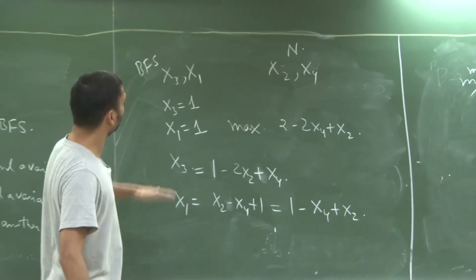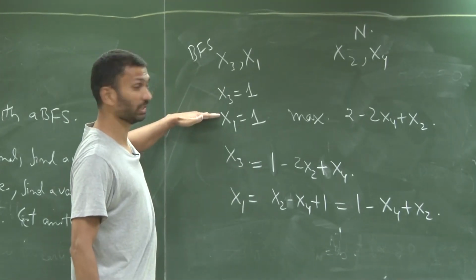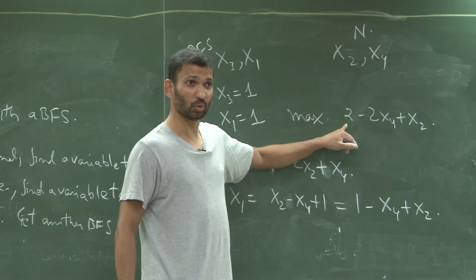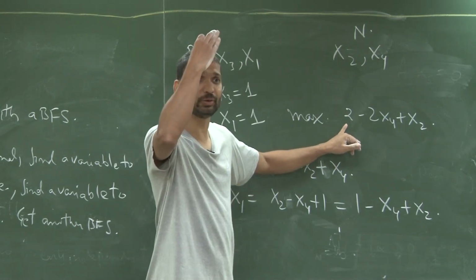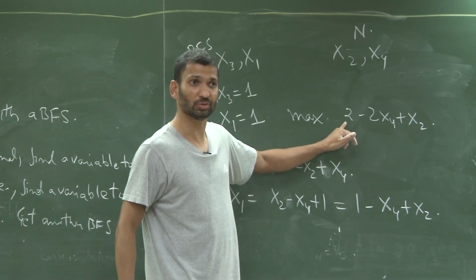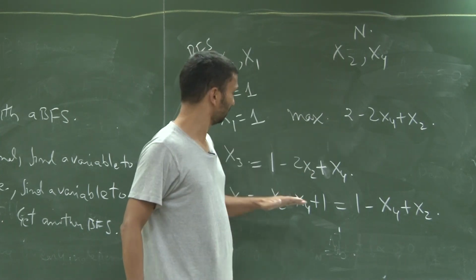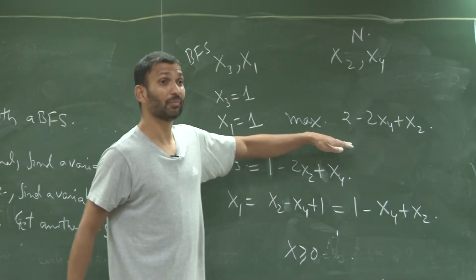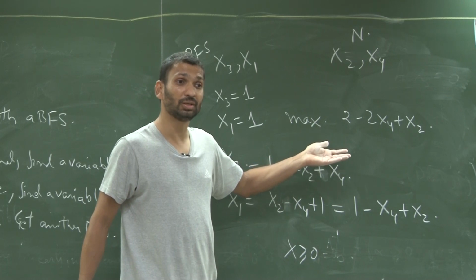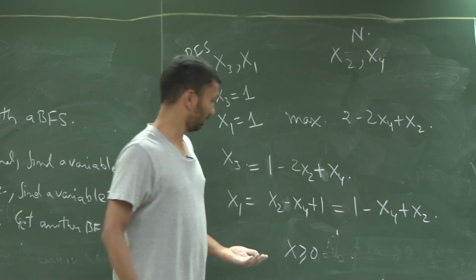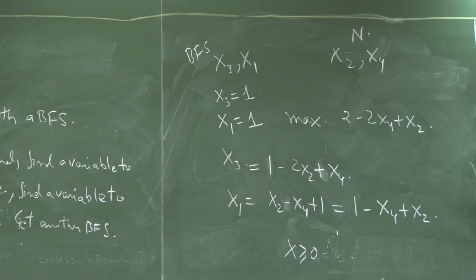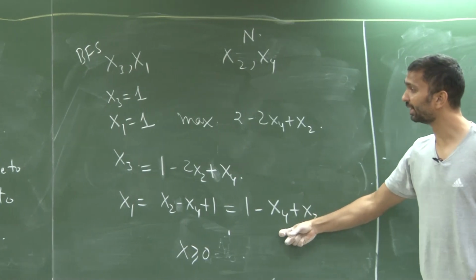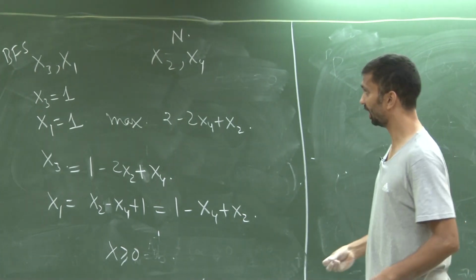Okay, great. Now I have this as my BFS. The value at this point is 2. I got an advantage, right? My optimal value increased. I am maximizing. I got to 2 from 0. Right? This is my set of conditions. Now I can put x2 in my BFS. How much x2 can I put in my BFS? That will be determined by half.